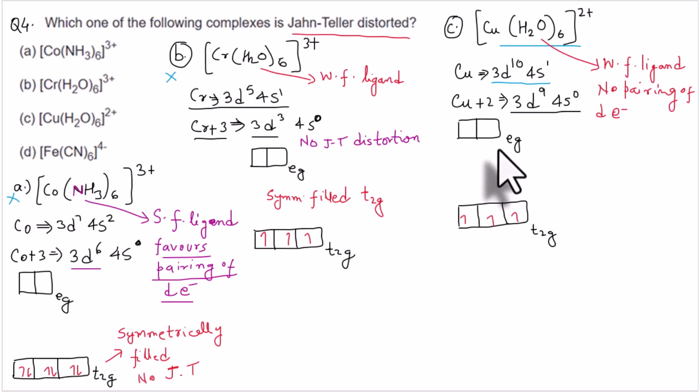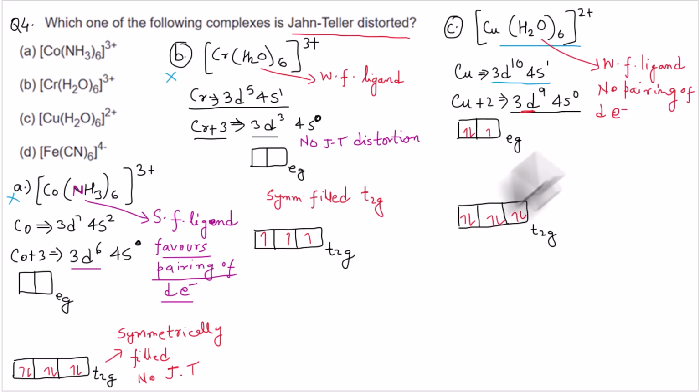We have to keep in mind that this d9 configuration will always show Jahn-Teller distortion. Why? Because whether it is a high spin or low spin complex, with pairing or no pairing, when we fill 9 electrons in 5 orbitals, it has to be an unsymmetrical filling. So 1, 2, 3, 4, 5, 6, 7, 8, 9.